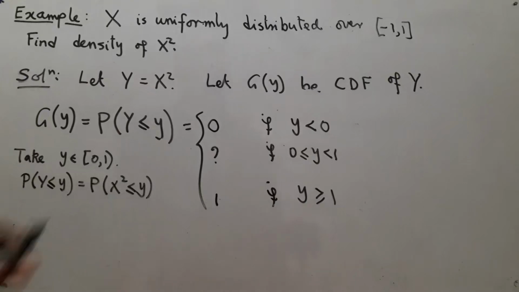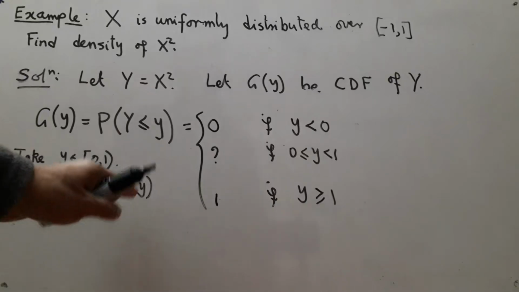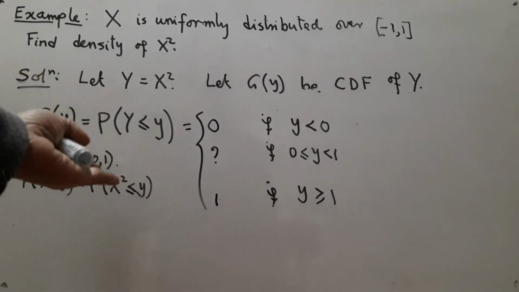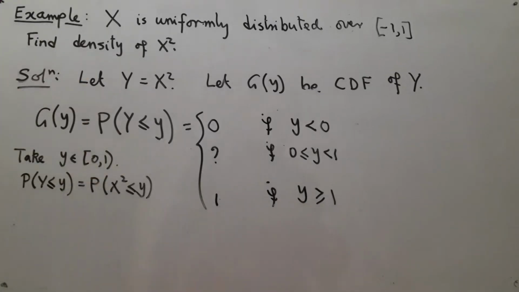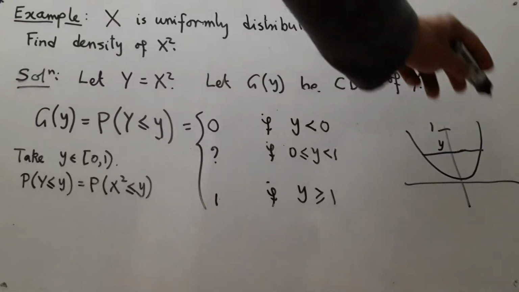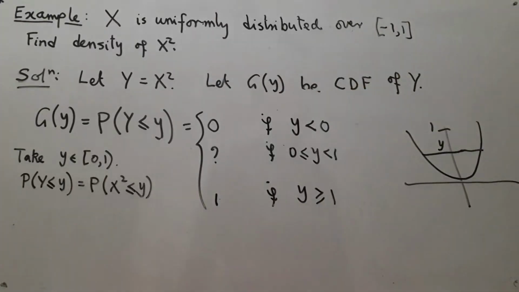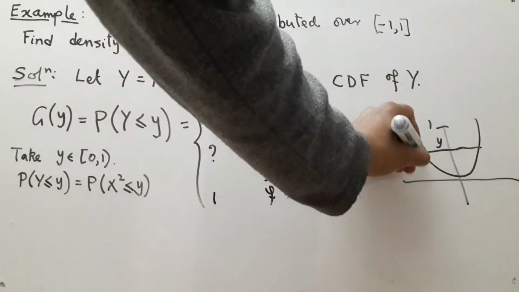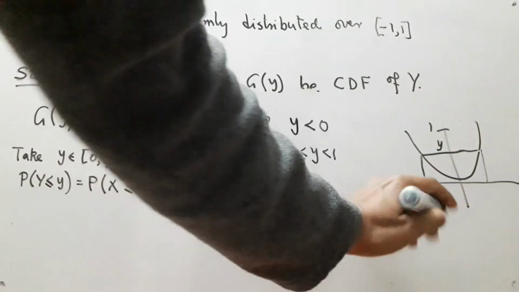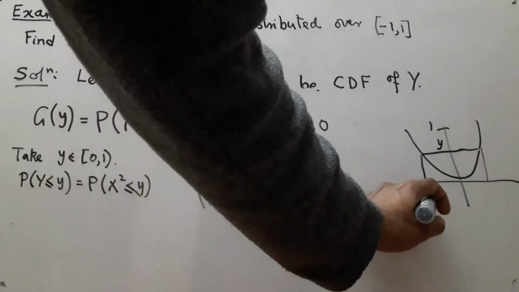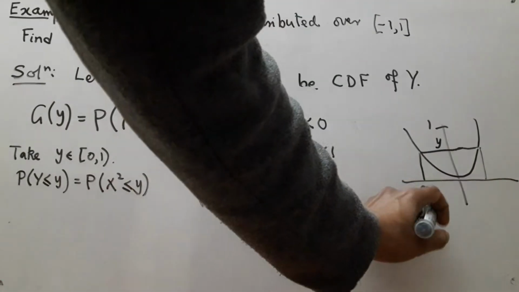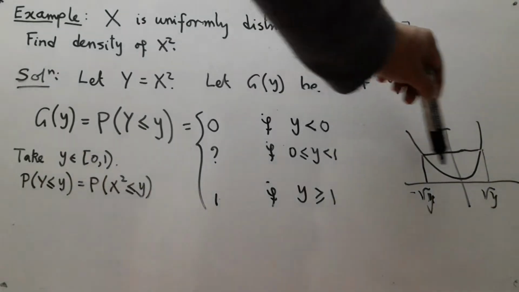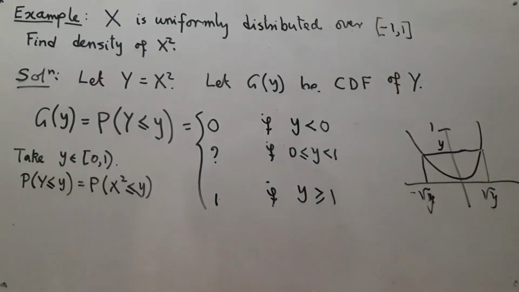But that is not a big problem, because if x squared is less than or equal to y for some such y, we can easily work out the values of x. So here is the graph of y equal to x squared. I have taken some y in between, so all that I need to do is to drop these 2 lines. Then this is minus root y, and this is root y. So x has to lie between these 2.